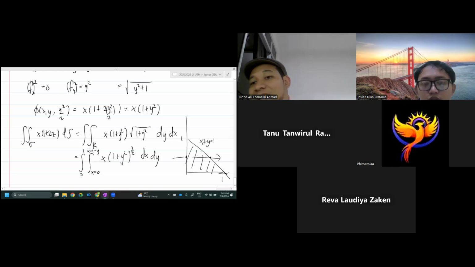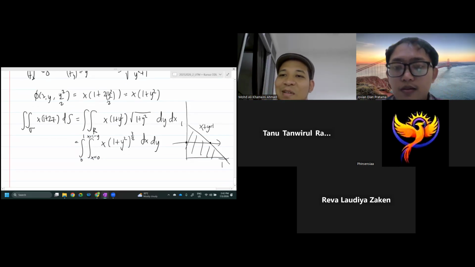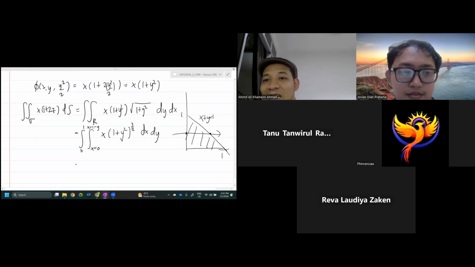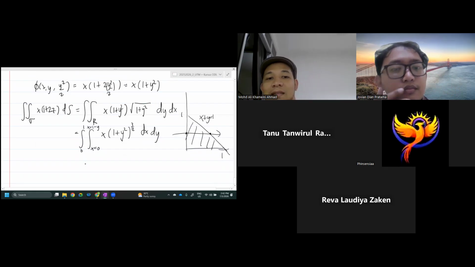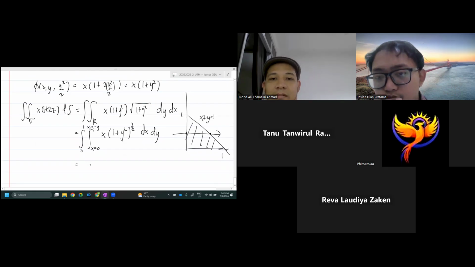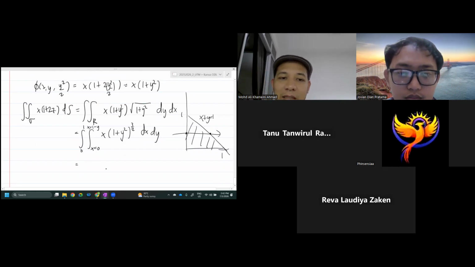I will leave it to you to compute the integral, because this is just a usual double integral. You need to integrate first with respect to x, then y. If easy, let me try to do it.